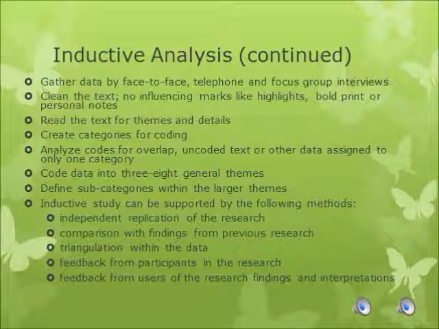That's a way to take a lot of information and synthesize it down into these general themes, and then look at those subcategories within those larger themes. The original intent by Thomas was to provide a framework to take a lot of raw data and synthesize it down into these general themes and sub-themes.